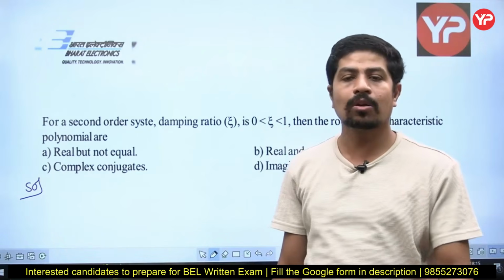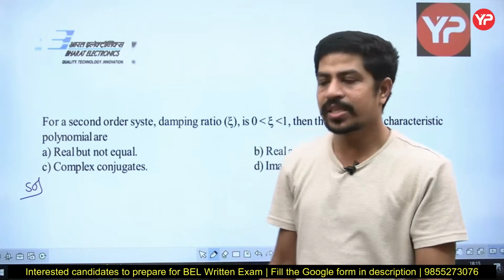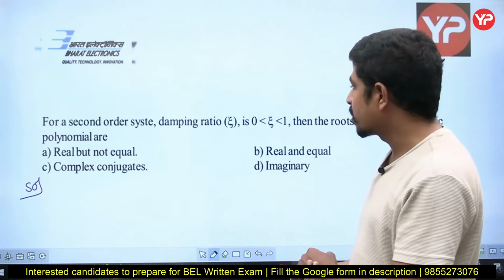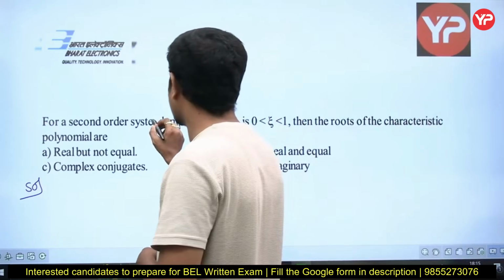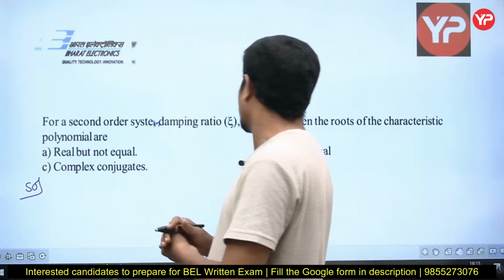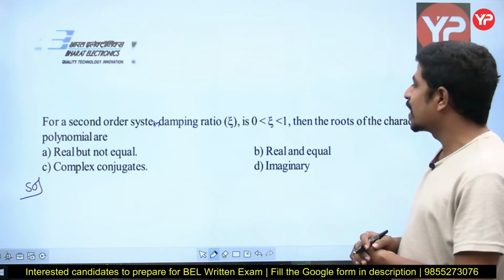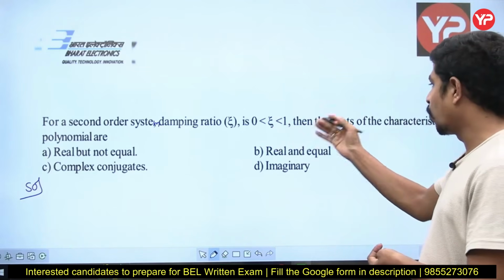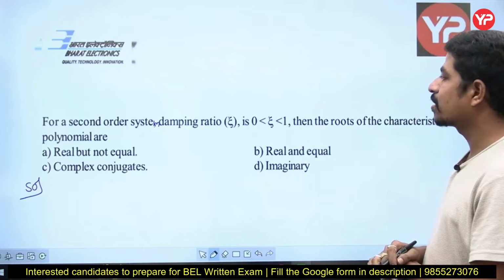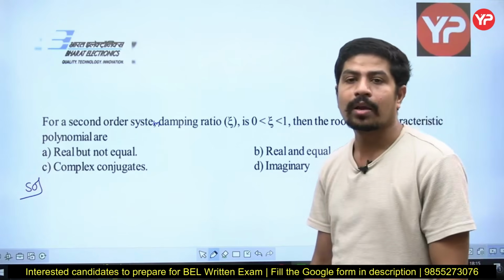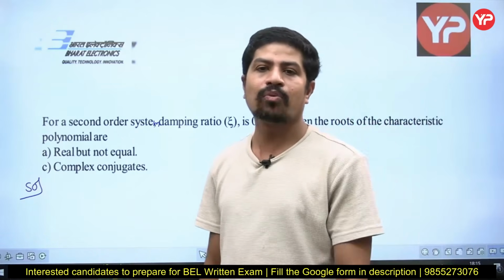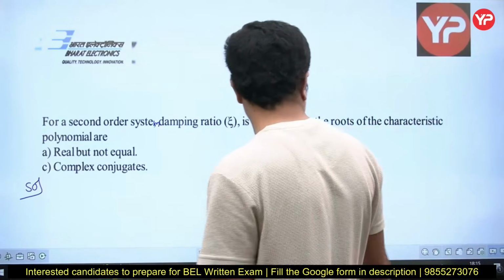That way all your concepts also will be revised. He is saying for a second order system, damping ratio zeta is 0 less than zeta less than 1, then the roots of the characteristic polynomial are... we have four types of systems.